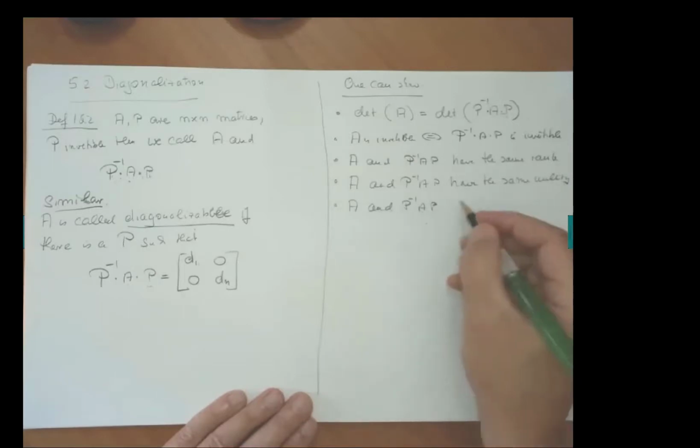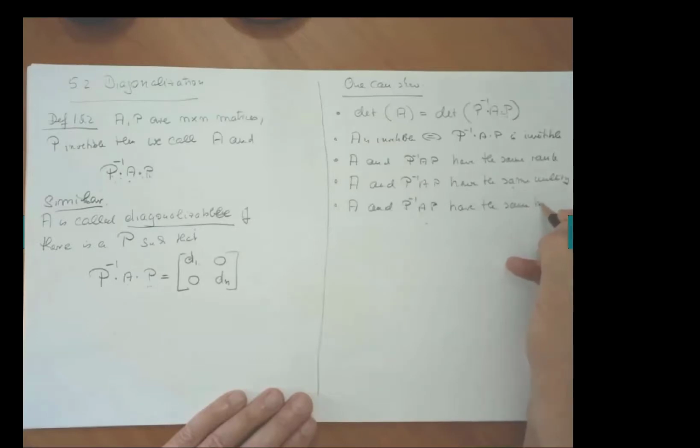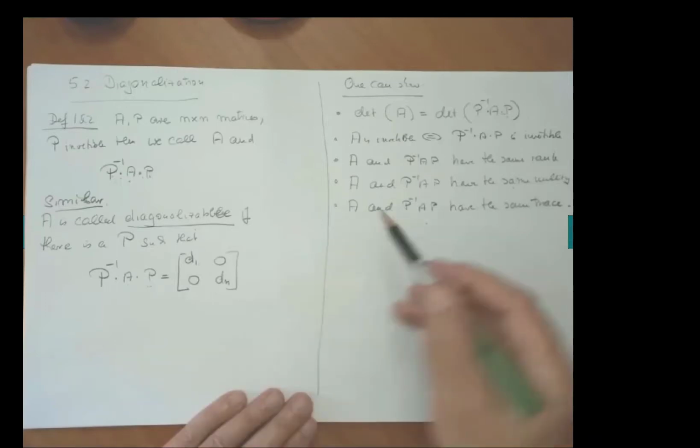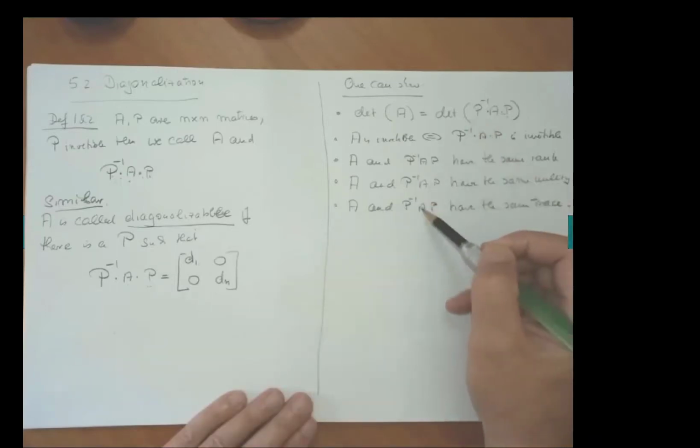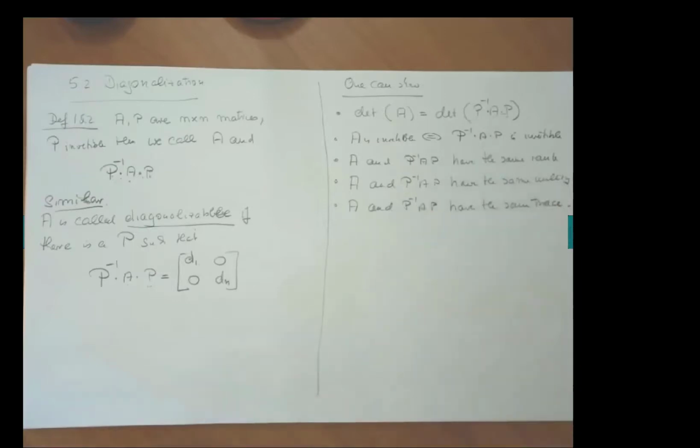This matrix and this matrix have the same trace. And the reason for this is, it turns out the trace is the second highest coefficient in the characteristic polynomial. And because the determinant is the same, the characteristic polynomial is the same. And the coefficient stays the same, that means the trace is the same.